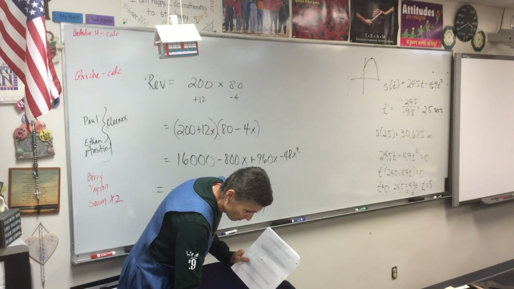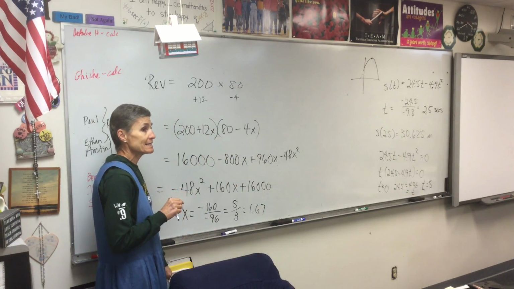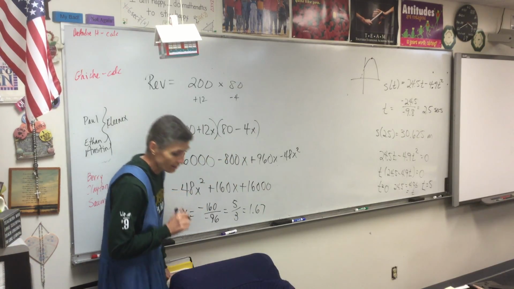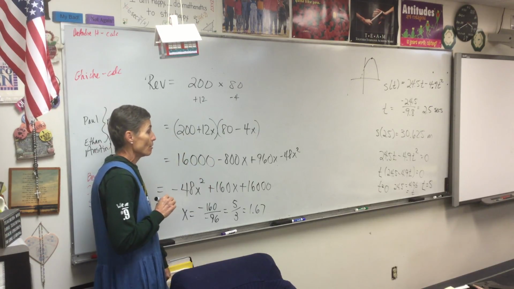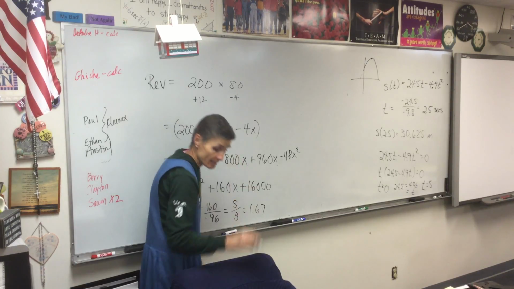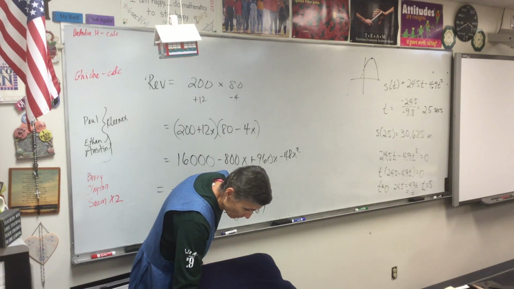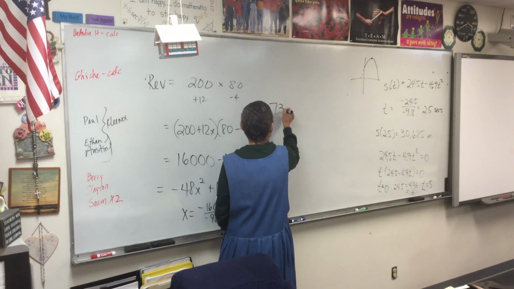So I'll take that number times 4, and that means I'm going down a total of $6.67 from an original price that was 80. So the price I charge is $73.33.